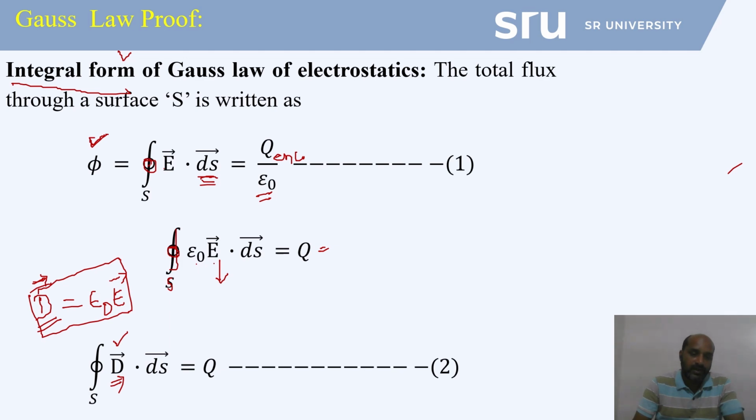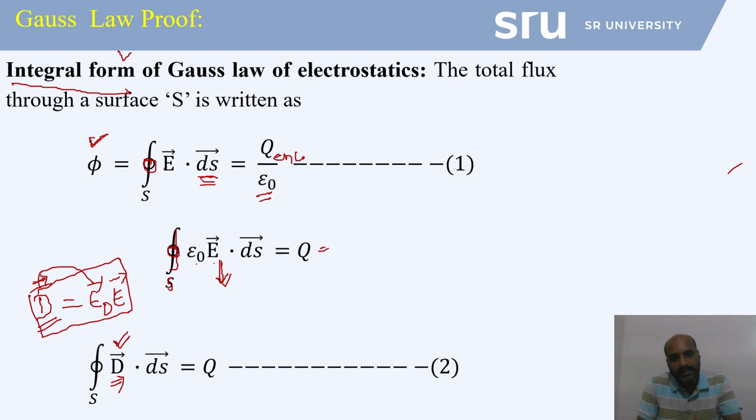D is also an electric field quantity, but a little difference will be there. We'll see that later on. Basically, this is also electric field intensity. But however, the conclusion is you can write the Gauss law both in terms of electric field intensity and in terms of displacement vector. So both are related: capital D is equal to epsilon naught E.